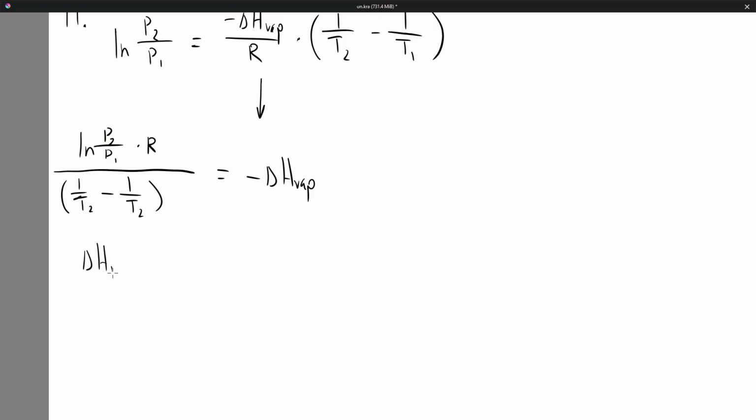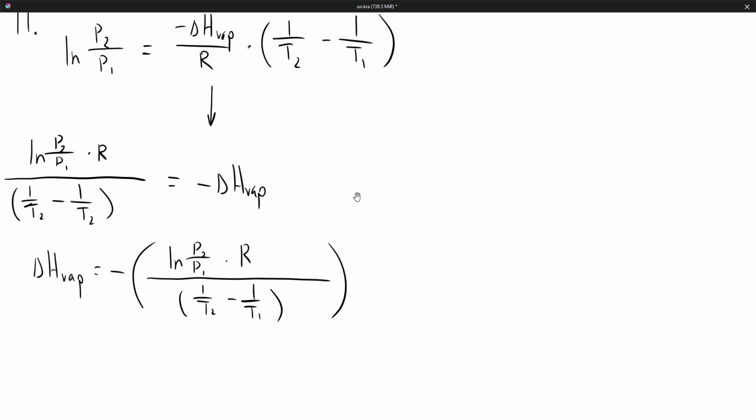So it's heat of vaporization equals negative all of this, 1 over T2 minus 1 over T1.